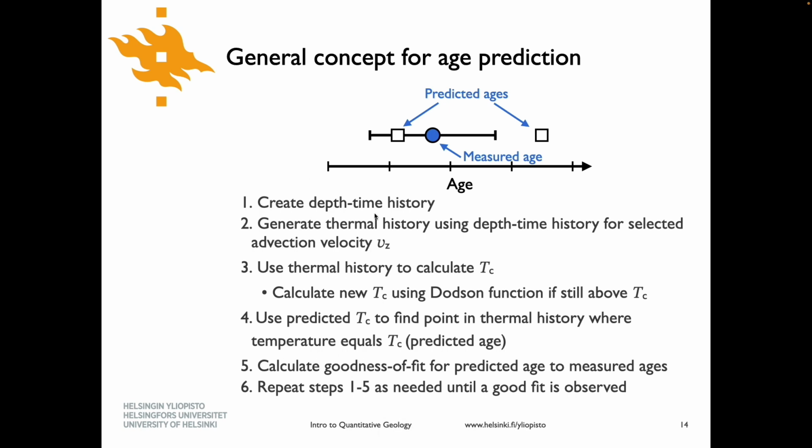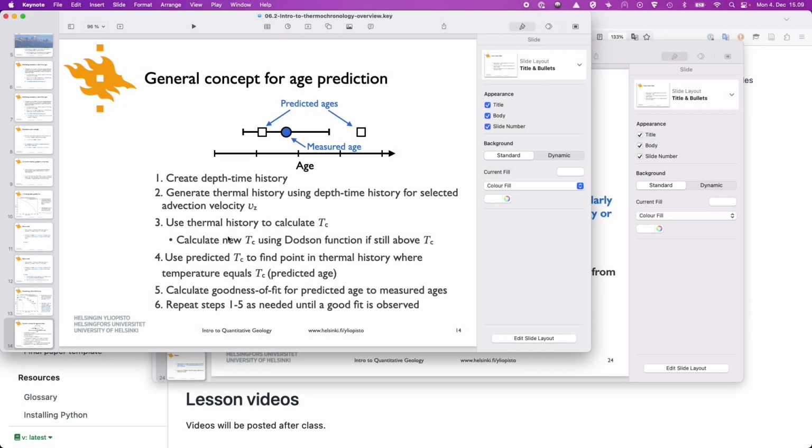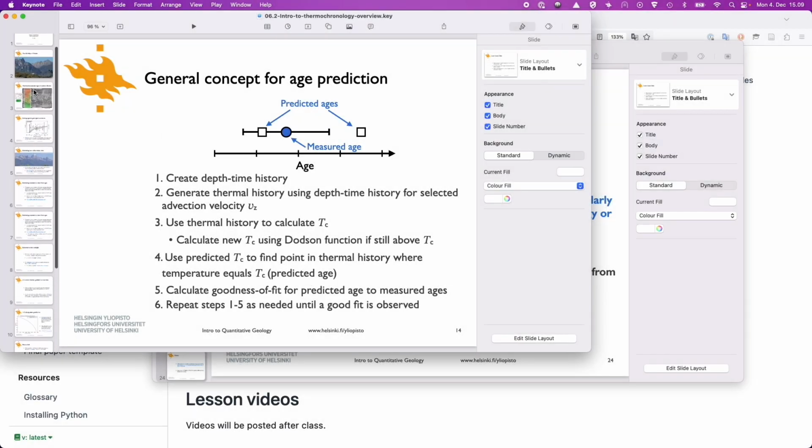And then you can iterate on steps 1 through 5 to try to get your model to do a better job of predicting the observed ages. I think that's the end of those slides.